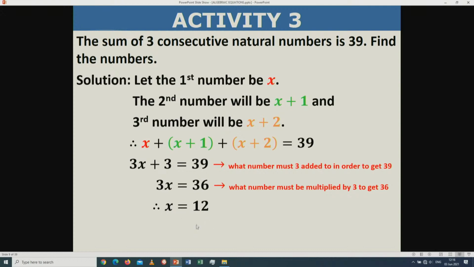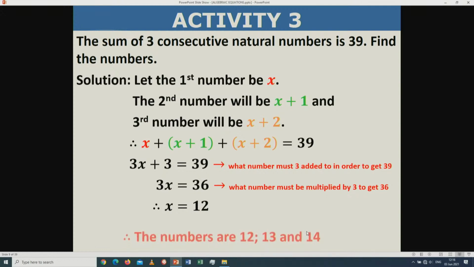Right. And now, let's check what the second number will be, because we are aware now the first number is the very same answer, which is 12. And then the second number will be 12 plus 1, which will be 13. And then the third number will be 12 plus 2, which will be 14.